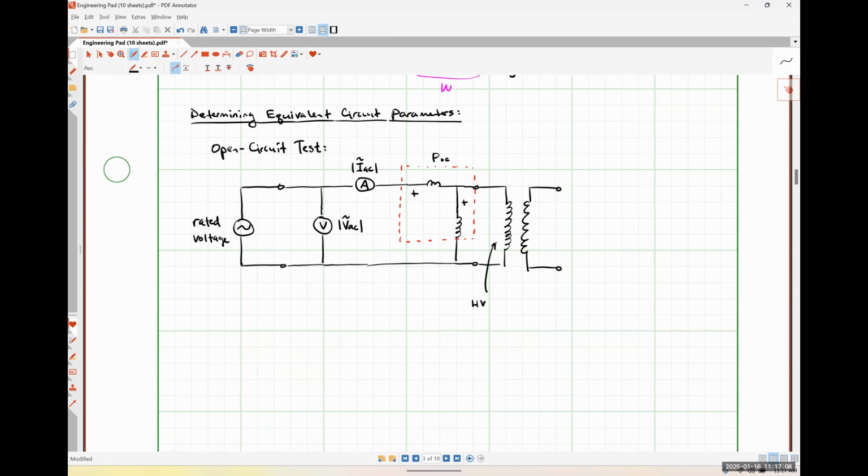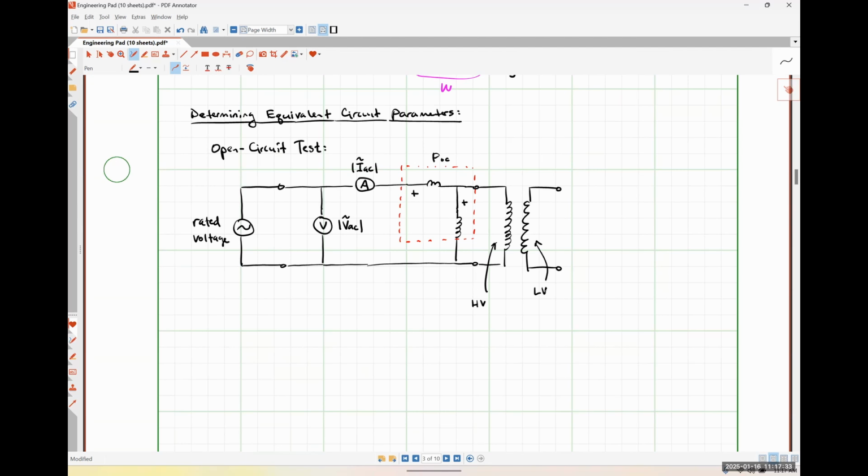So that's where all of our measurement equipment is connected, to the high voltage winding. Our rated voltage is applied to the high voltage winding. Our low voltage winding is over here, and we are literally going to leave it open circuited. The reason why we leave it open circuited is because this is an open circuit test. So that is what's open circuited, okay?